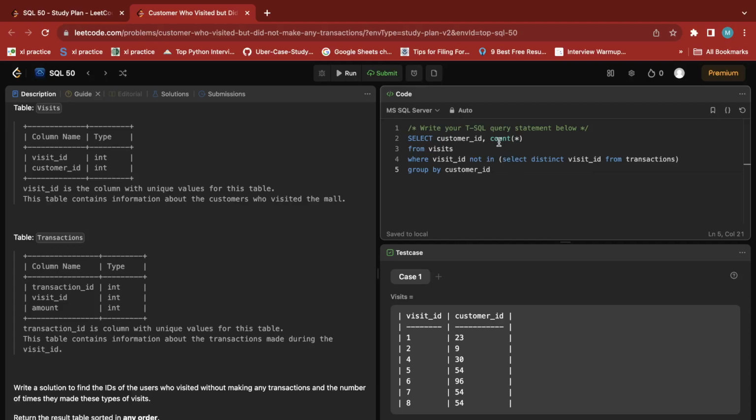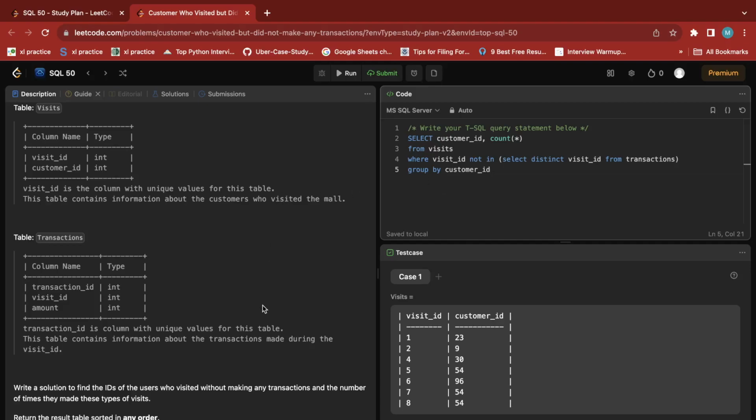So we could have done average of age over here by using avg and in bracket the column name. So yeah, group by is essentially used with aggregate functions when we need to do some aggregations on any particular column.